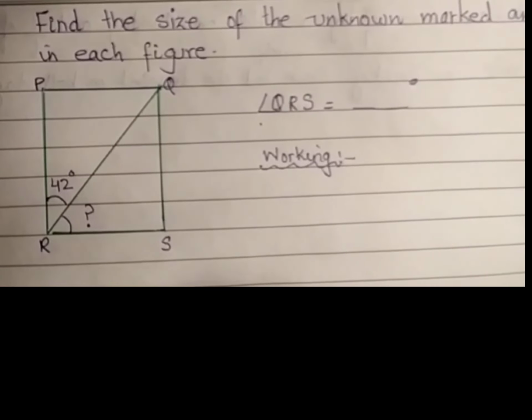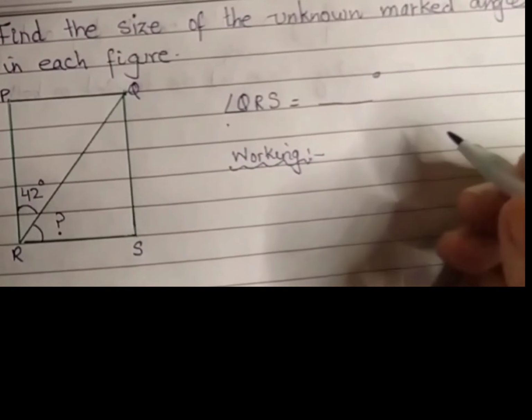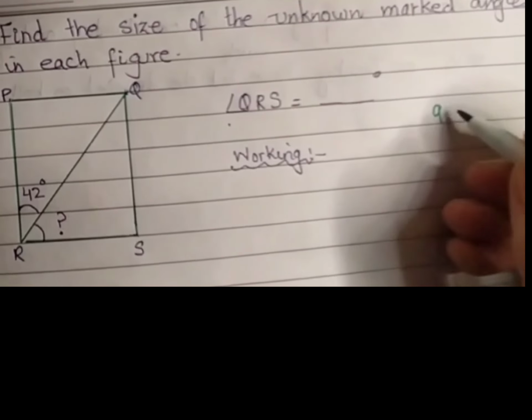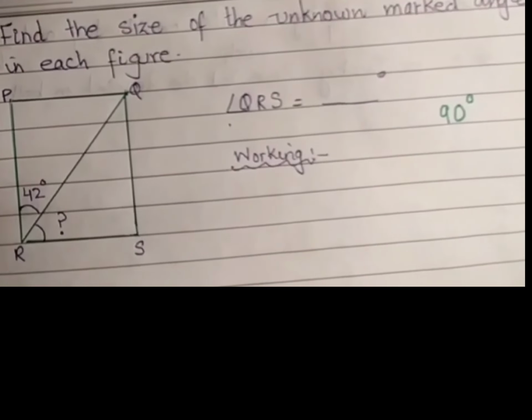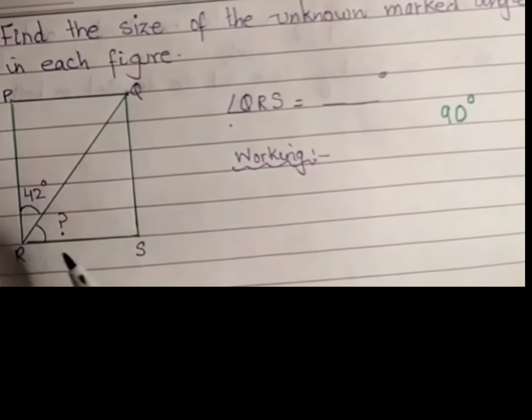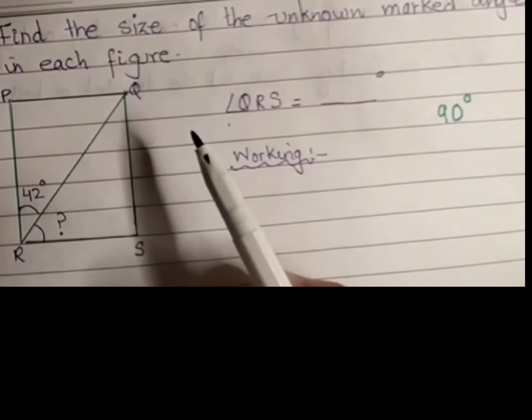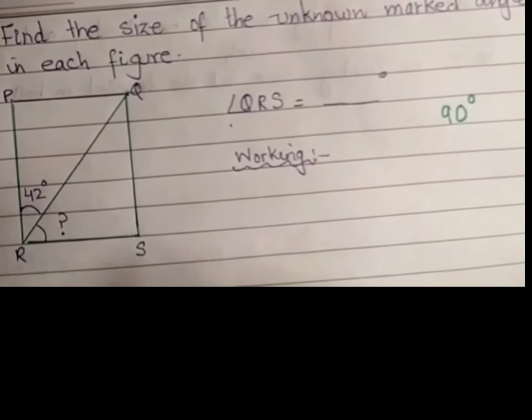If it is a 90-degree angle, always remember when you come across such a question, minus it from 90 degrees. Why do we minus it from 90 degrees? Because our angle, where we have made so many lines, is a 90-degree angle, and we have divided it into two parts. It says 42 degrees is this side.